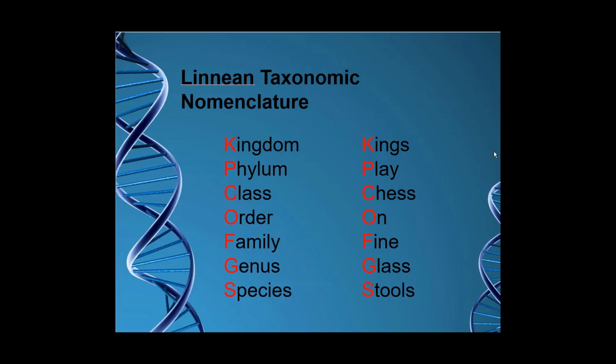So there will be more on this. We're going to get into evolutionary classification in the next video, talking about clades and phylogenetic trees. We're going to get into that on the next lesson.